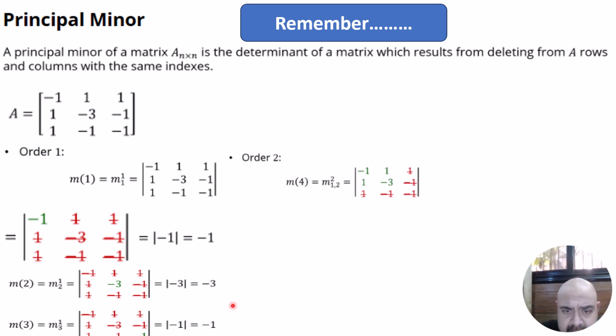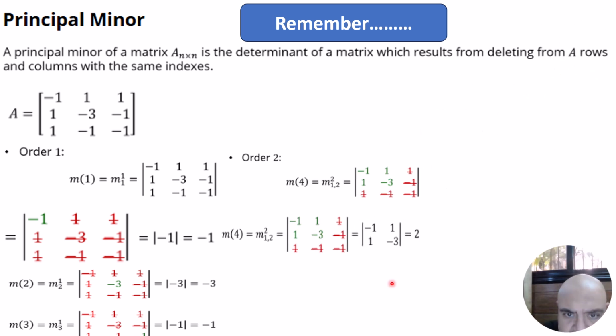For order 2, it means you eliminate only one row and one column, and you will have two rows and two columns. If I start this elimination process, eliminating the last row and the last column, this is the determinant that I will have, which is -1 times -3 plus 3 minus 1, which gives 2, a positive value for the minors of second order.